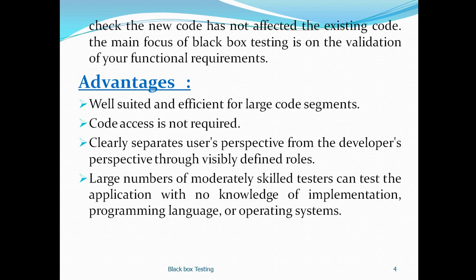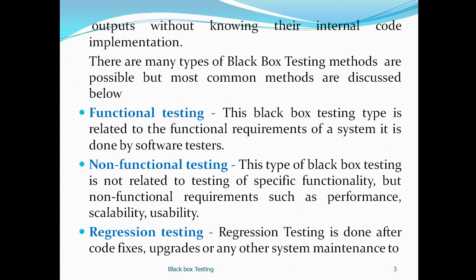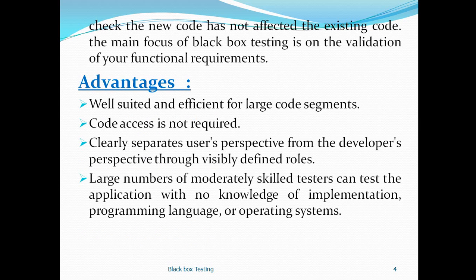The main focus of black box testing is on the validation of your functional requirements. So regression test means re-executing the software after some changes are made and checking whether the software is working properly or not, and that the changes have not affected the entire structure of the system. That must be ensured by the developer, right?